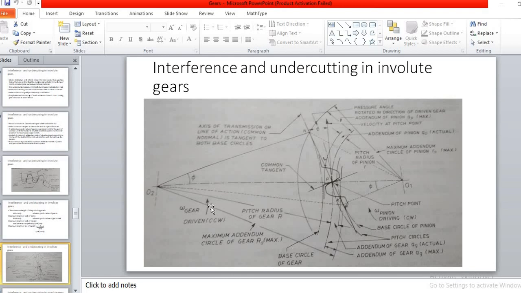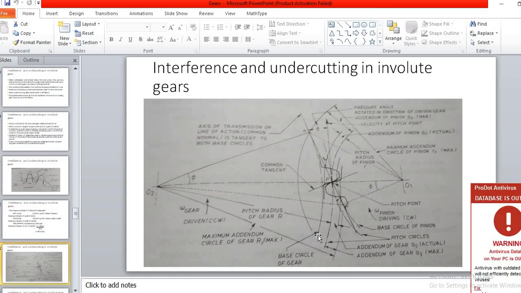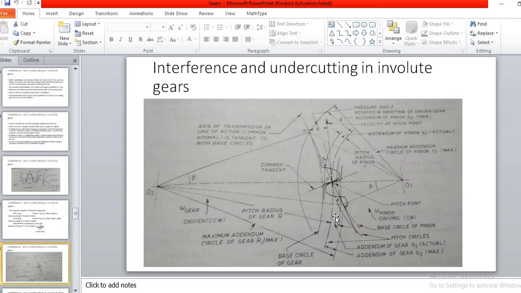And these have some base circles. For this gear having center O2, that base circle is represented here. The addendum is represented by this curve.